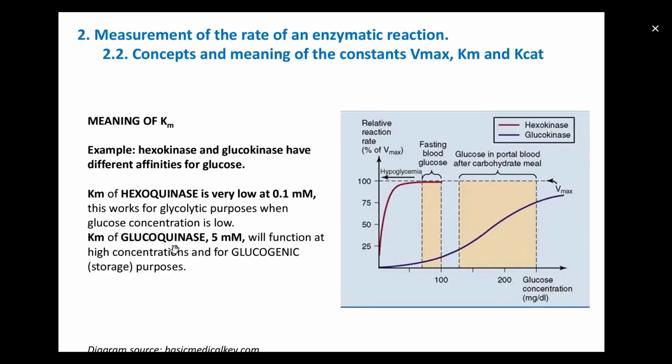and the major function of this Km value is at high concentration for glycogenic storage purposes. When the concentration of glucose is higher than the required value in the blood, then the glucokinase will pick up and use the glucose because the concentration is very high.